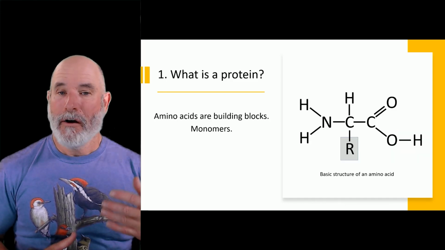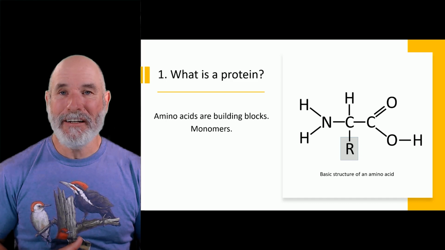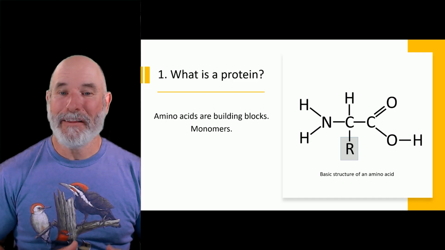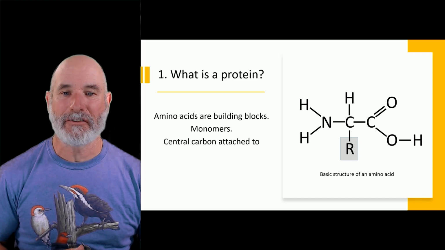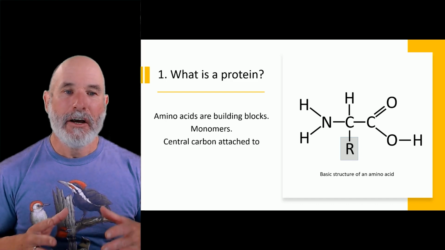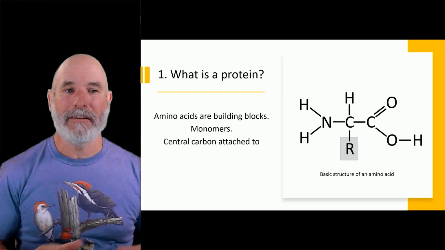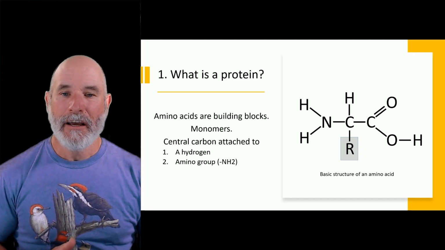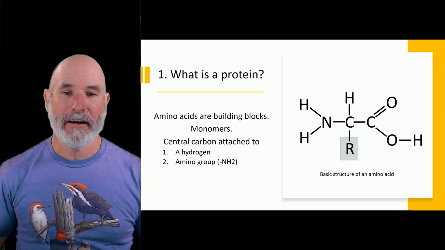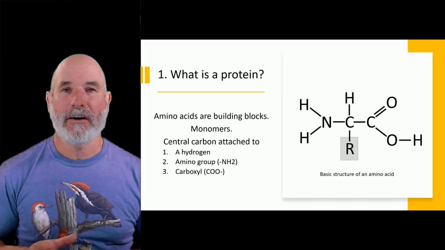Okay, so if a protein is a polymer, then the monomers, the building blocks, are the amino acids. And this is a generalized structure of an amino acid. You've got NCC right across the middle there. That middle carbon is attached to a hydrogen. It's also attached to an amine or an amide group on the end and a carboxyl group.